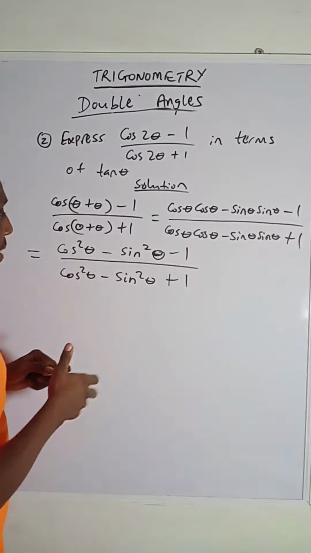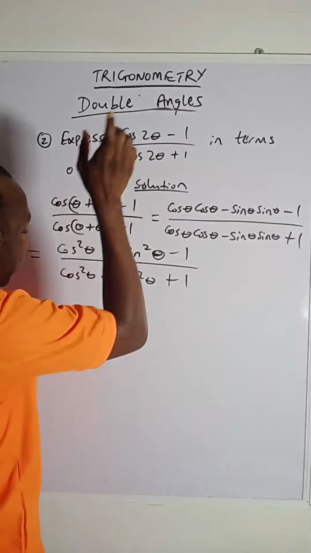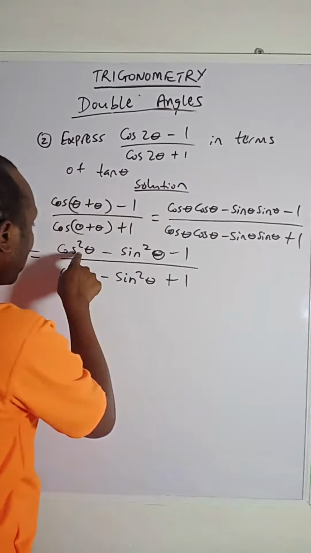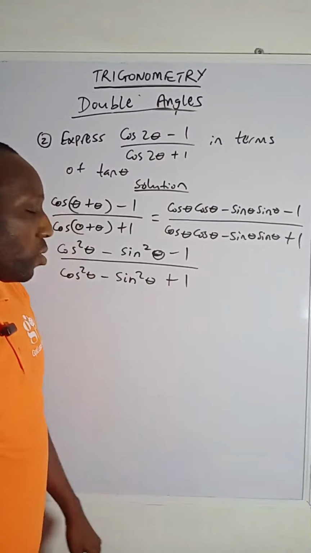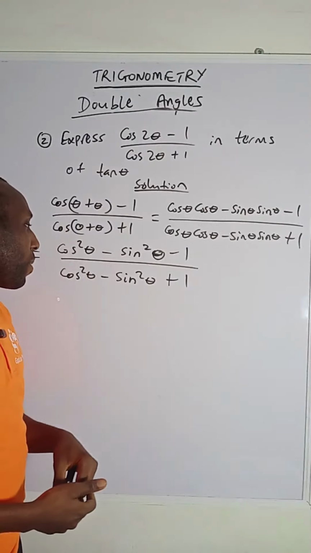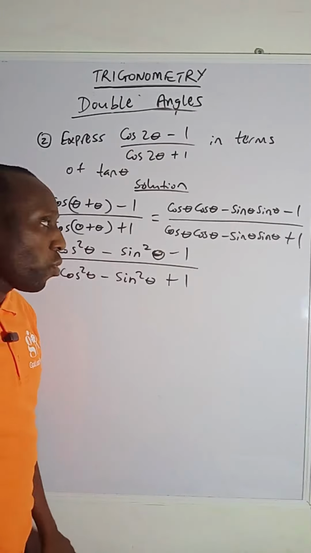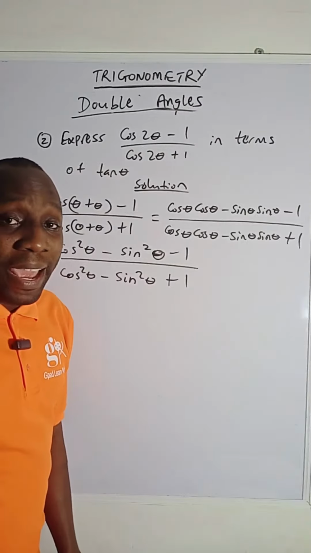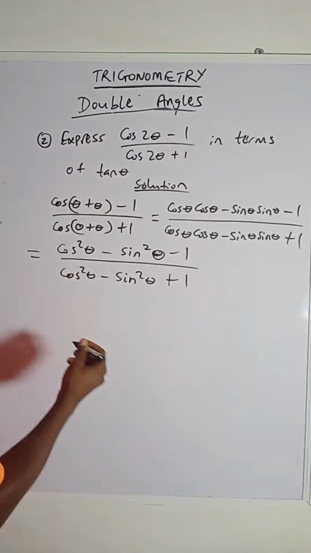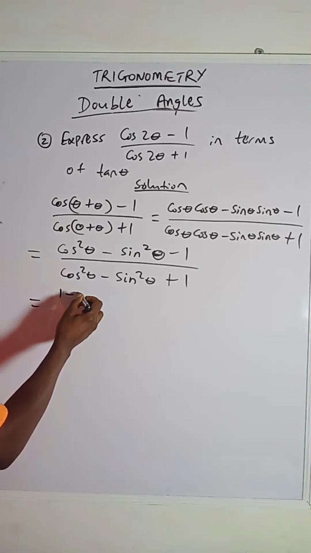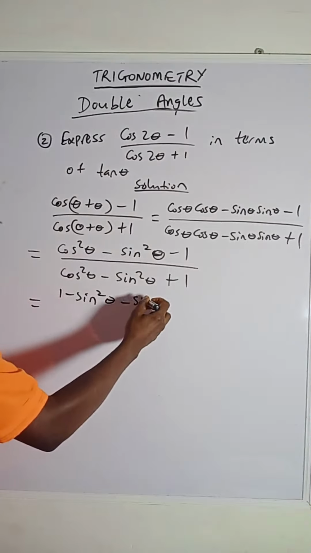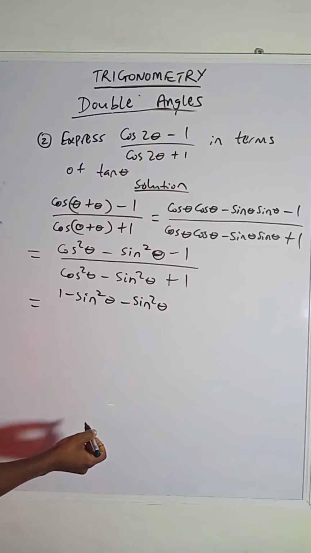So having that in mind, like I said, we need to make sure sine is in the numerator. So let's change cos square theta to what now? Who can tell me? To 1 minus sine square theta. Okay? So it's going to be 1 minus sine square theta, minus sine square theta, minus 1.